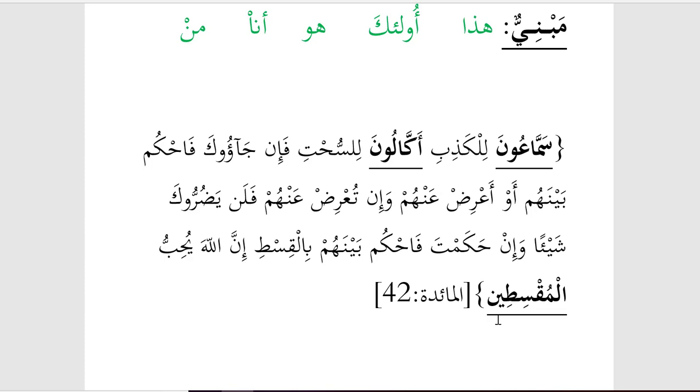What does that mean? Just like in the singular form, if you have a harf jar or something like that, the ism takes a kasra at the end. Even preserved plurals are still considered mu'rab, so their endings are going to change.